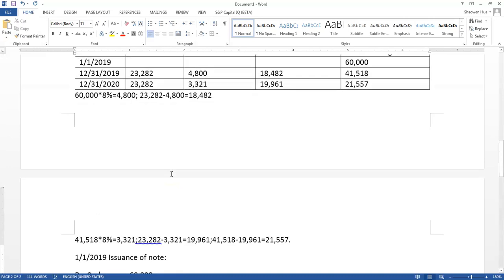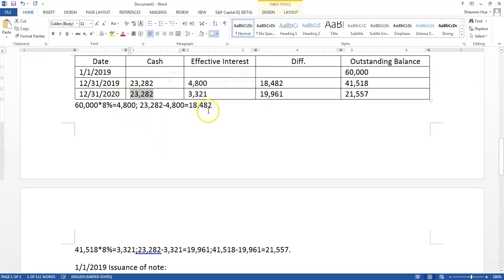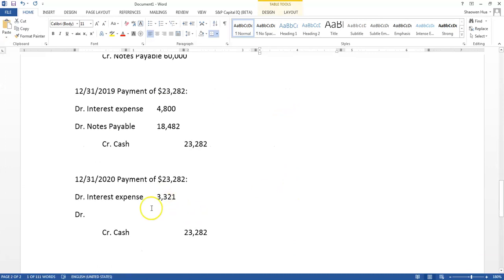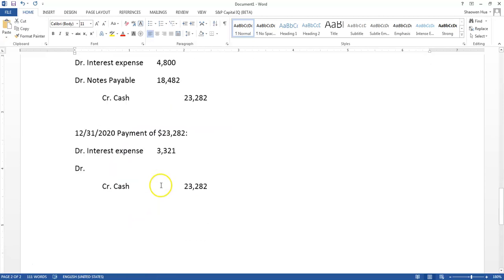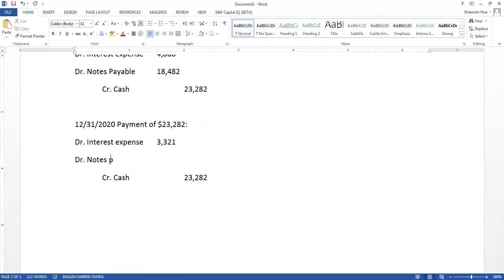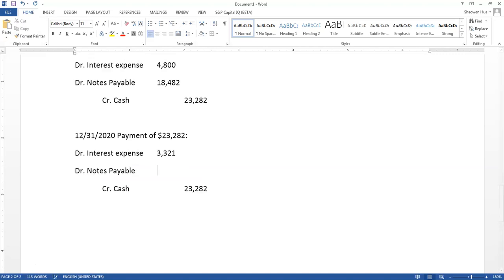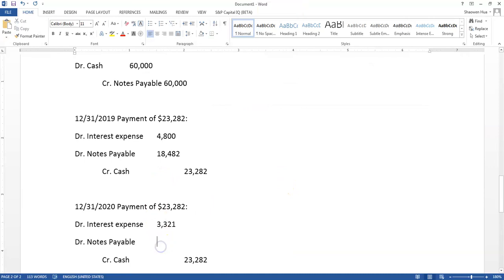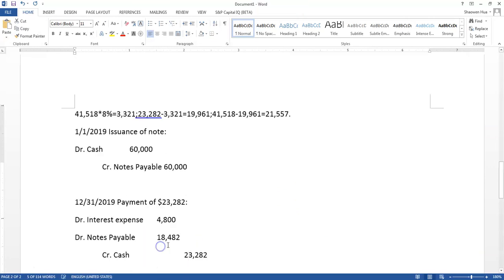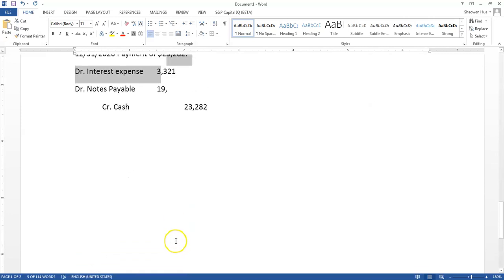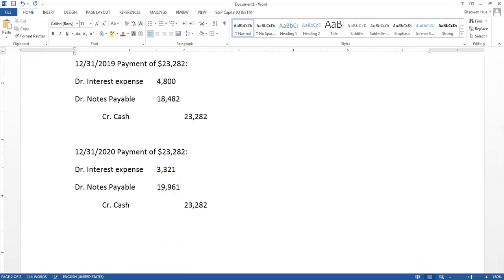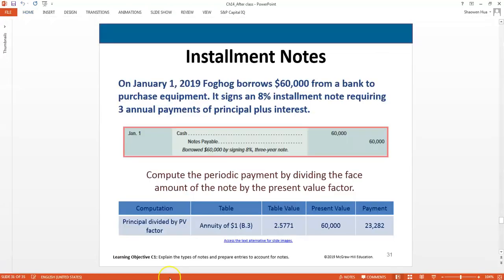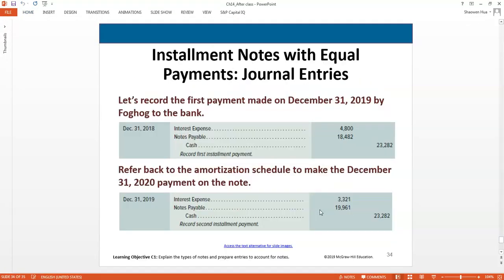And the remaining out of the payment of $23,282 is the principal. And principal again is accounted in the notes payable account. So principal is reduced by the amount calculated in the amortization table, $19,961. That's why the journal entries are this way.